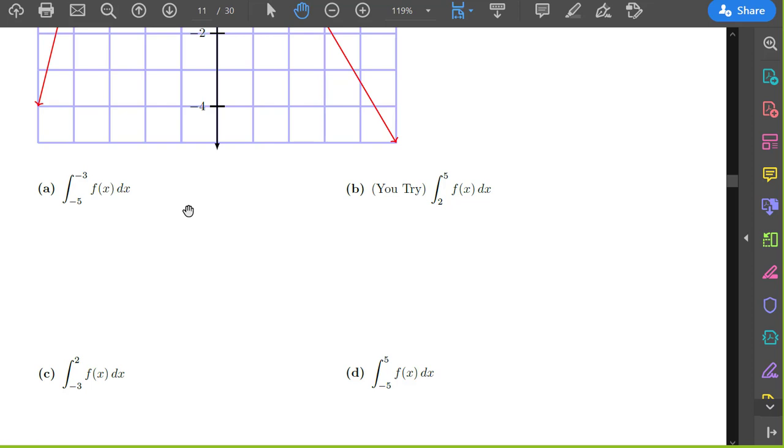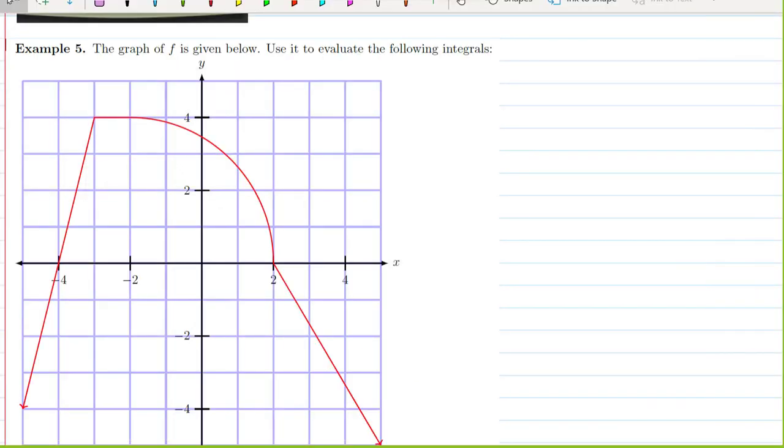So the first integral we want to work on is the integral from -5 to -3 of f of x dx.